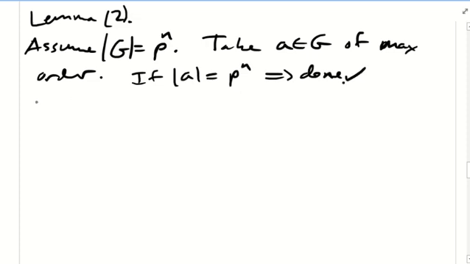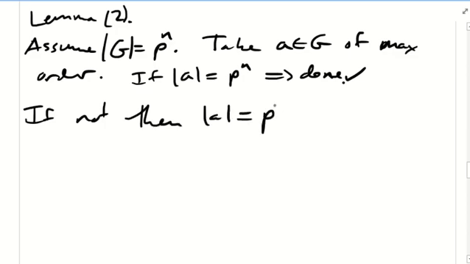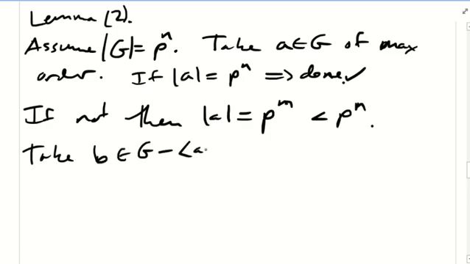Okay, so if not, then the order of A is p to the m for some m less than n. Okay, and take B to be an element not in the subgroup generated by A with minimum order.